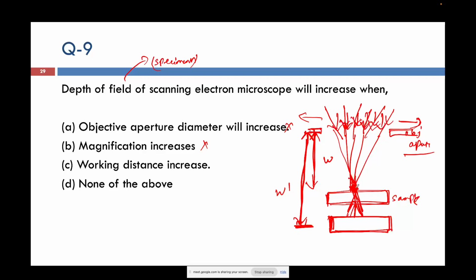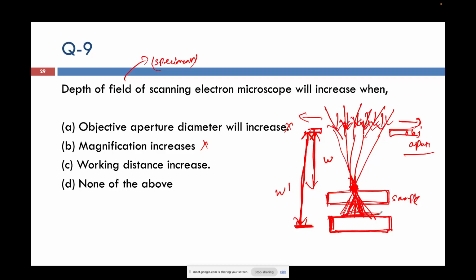What will happen? Initially all the incident electron beams were focused at this point. Now if I increase my working distance, they will be focused at this point and then go and fall on the sample. That means I can see different features of my sample, right? Depth of field means my object will be in focus.